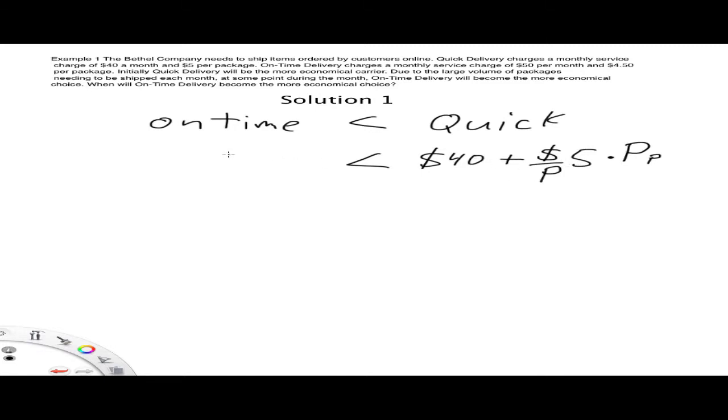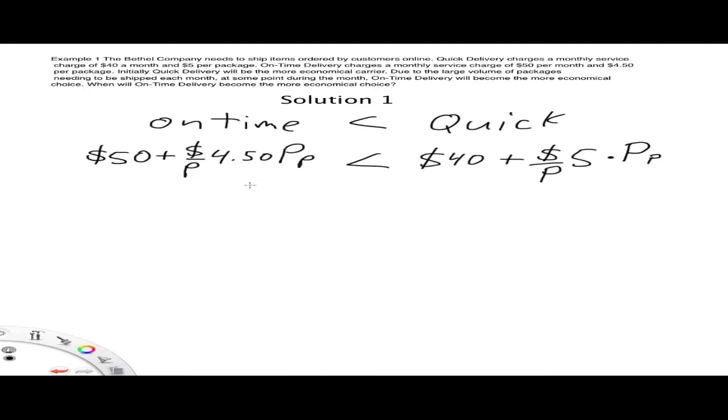Now for on-time, they charge $50 plus $4.50 dollars per little p, times little p.